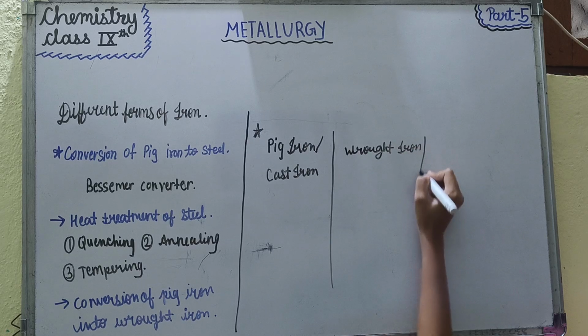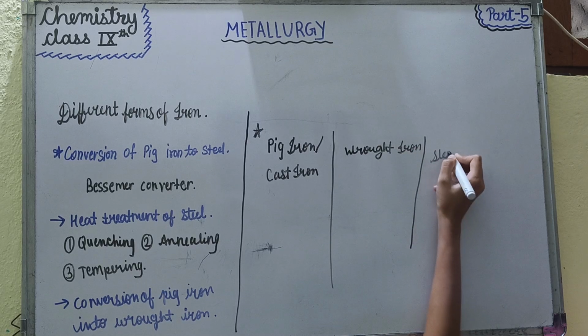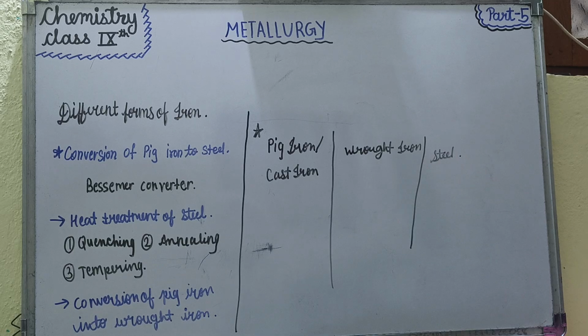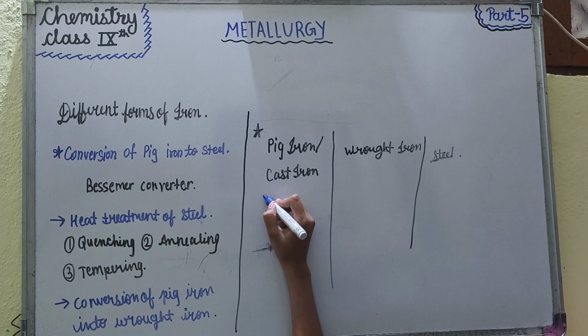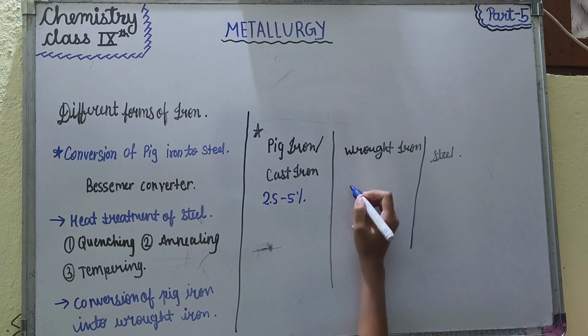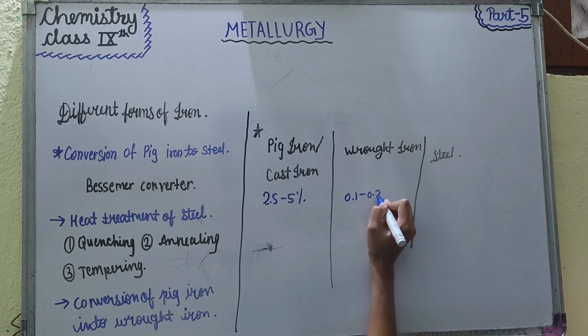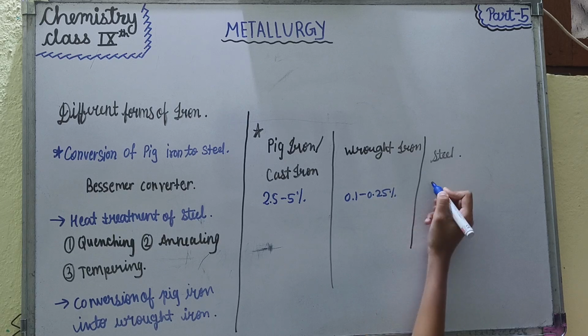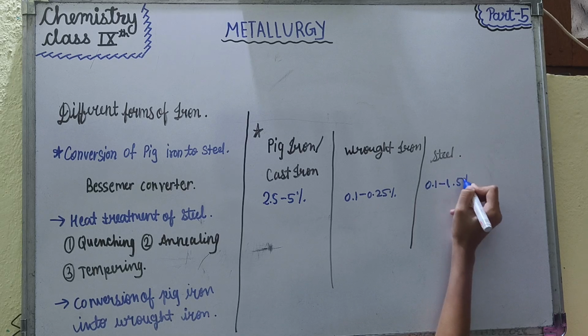And third is steel. The first property is carbon content. Pig iron's carbon content is 2.5 to 5%. Wrought iron is 0.1 to 0.25%. Steel is 0.1 to 1.5%.